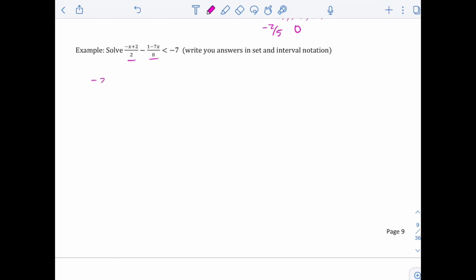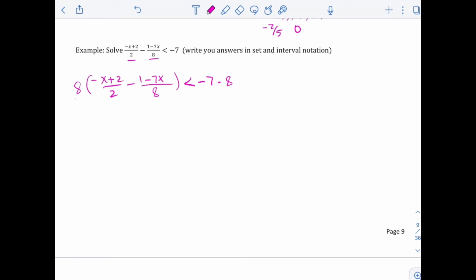So that's negative x plus 2 over 2 minus 1 minus 7x over 8, we multiply by 8 because we want to cancel the fractions, less than -7. If you multiply one side by a number, you should multiply both sides by the same number. So we multiply by 8.